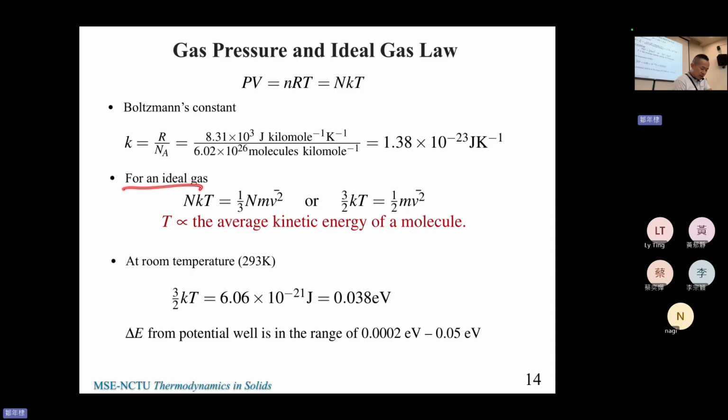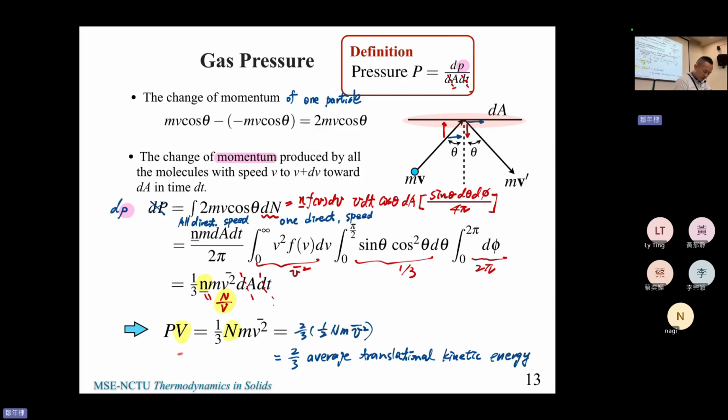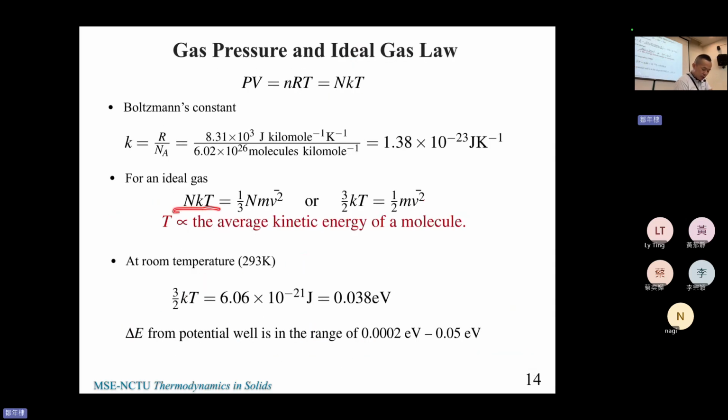actually for an ideal gas, NkT is equal to 1/3 N m v squared bar, because you can see PV equals NkT equals PV, right? PV equal to 1/3 N m v squared bar. Or you can say 3/2 kT equal to the kinetic energy of molecules.